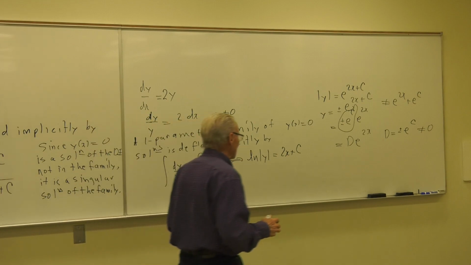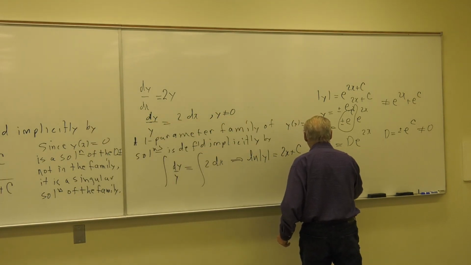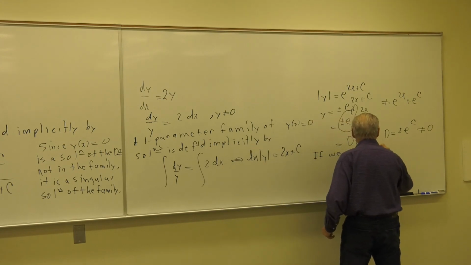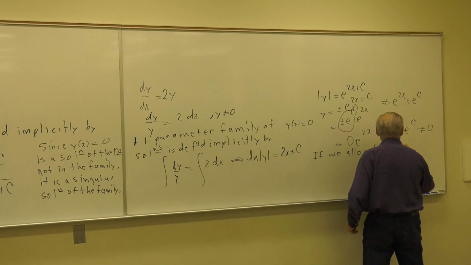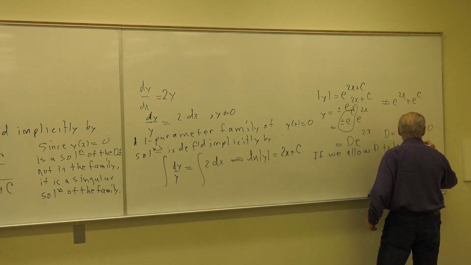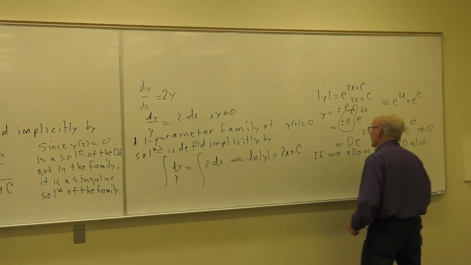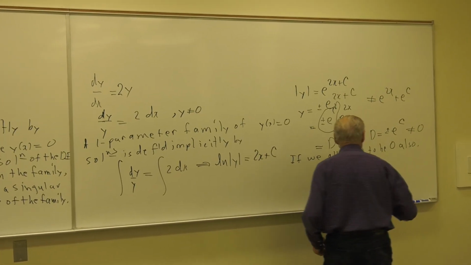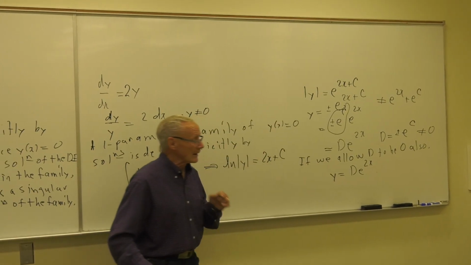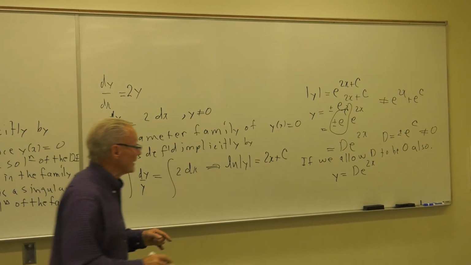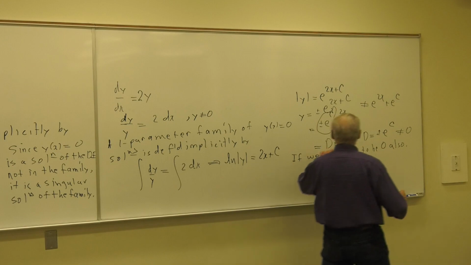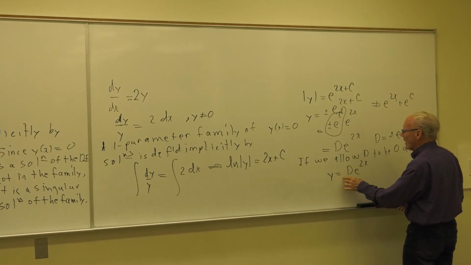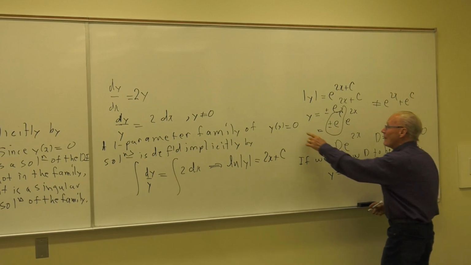But what if we allow d to be 0 also, right? And we look at y is equal to d e to the 2x. If I allow d to be 0, when d is not 0, I get all the solutions we had before, and if I allow d to be 0, this turns out to be that, and that is a solution.